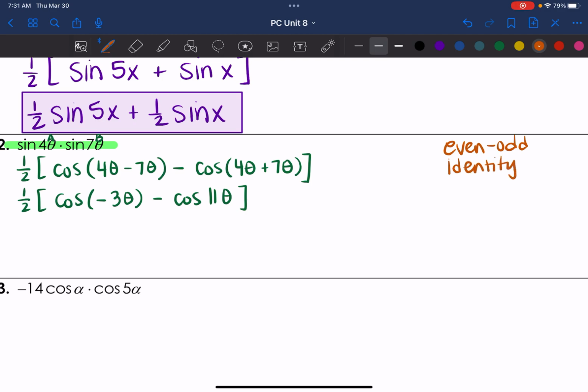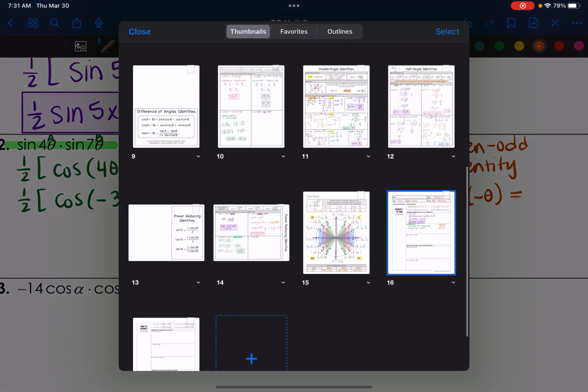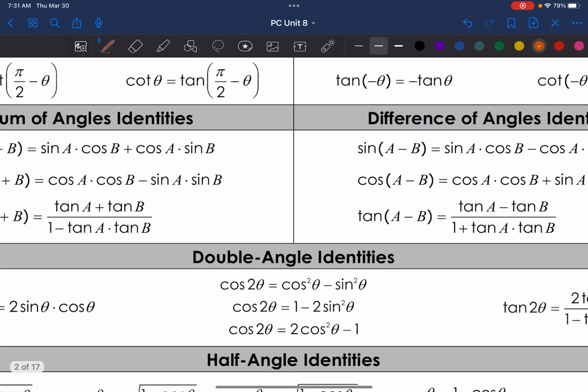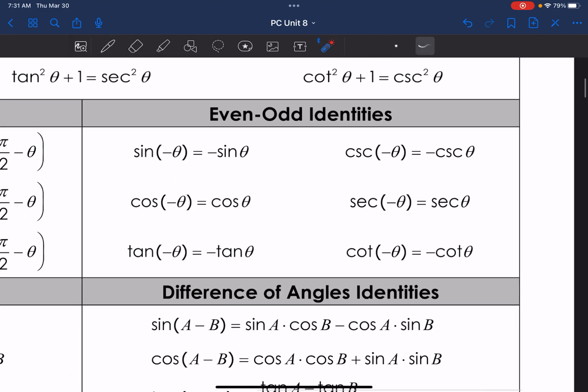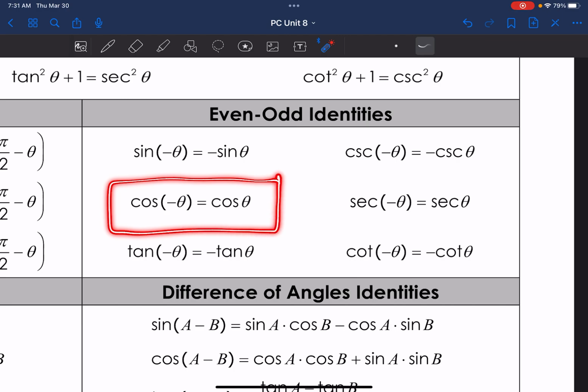One of the even odd identities says that cosine of negative theta is equal to, well, actually I could just show you, that way you can believe me. So even odd, here's cosine. So cosine of negative theta is equal to just cosine of regular theta. So all that really happens is you can take off that negative sign if you want to.